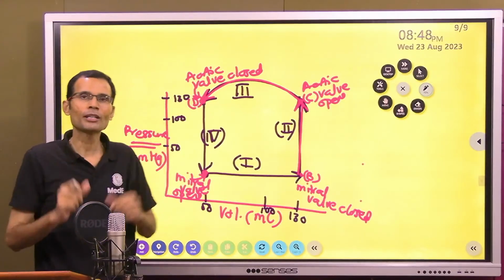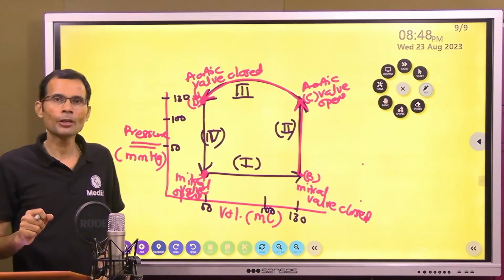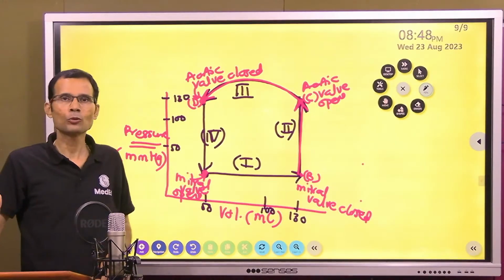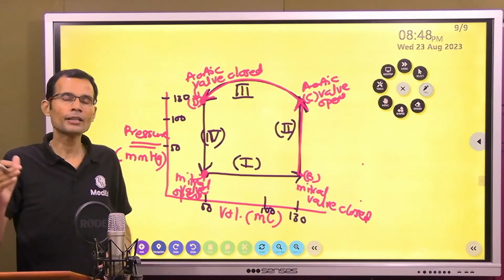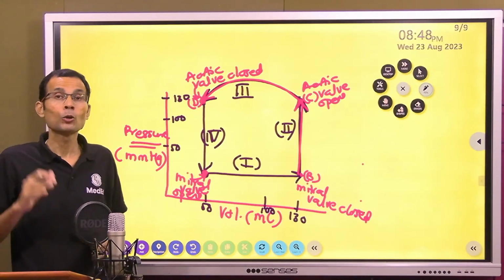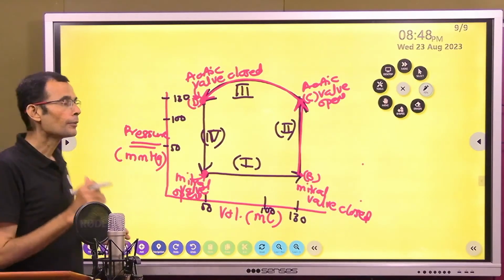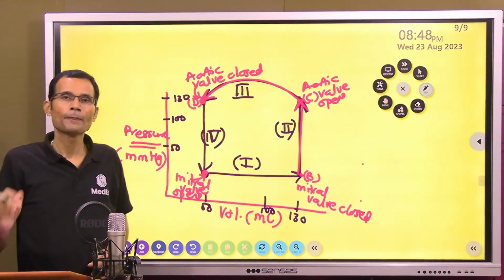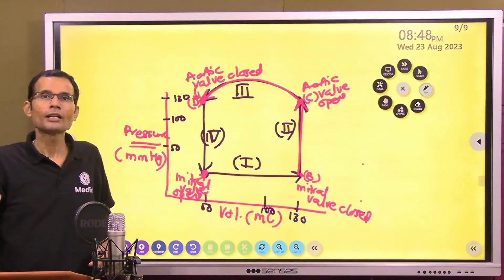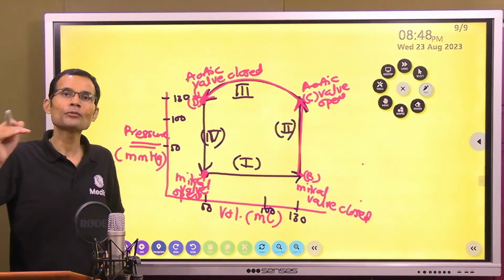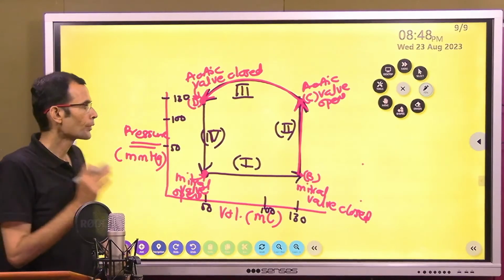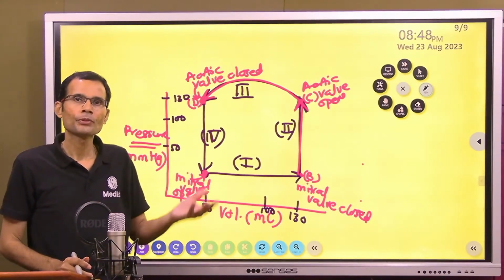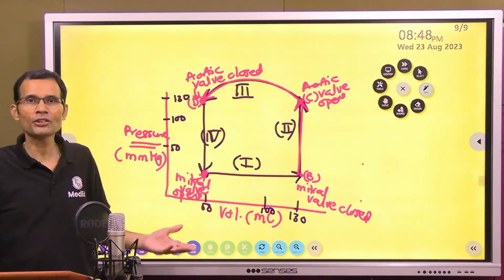Okay, so let's correlate. What is arterial diastolic blood pressure? Lowest pressure in the arteries when the heart goes in diastole. That is called arterial diastolic blood pressure. So that lowest pressure comes by the end of the diastole. When the ventricular diastole is ending, what is the pressure in the arteries at that time?